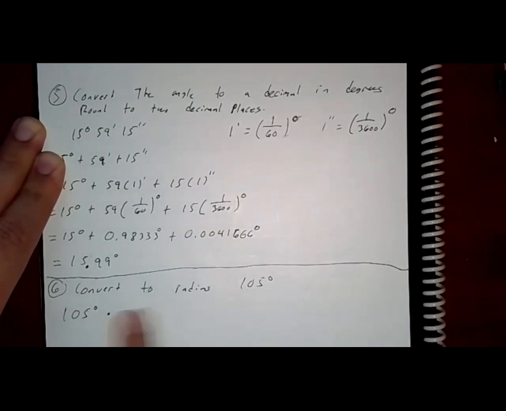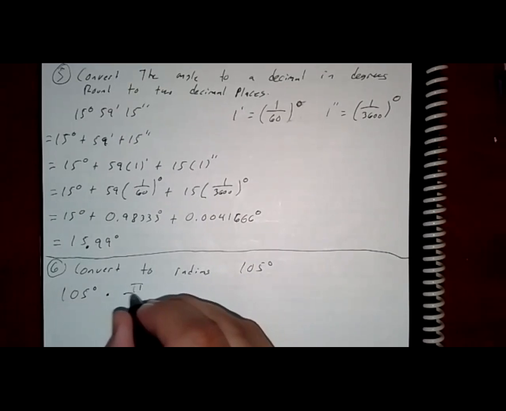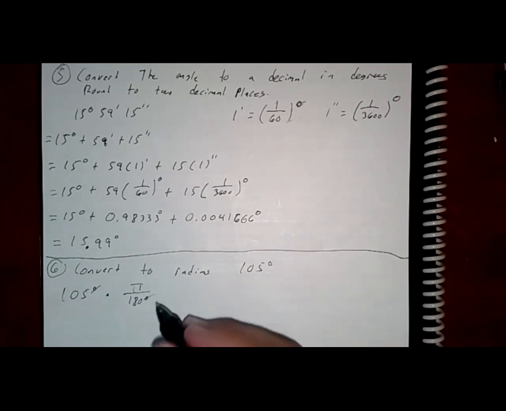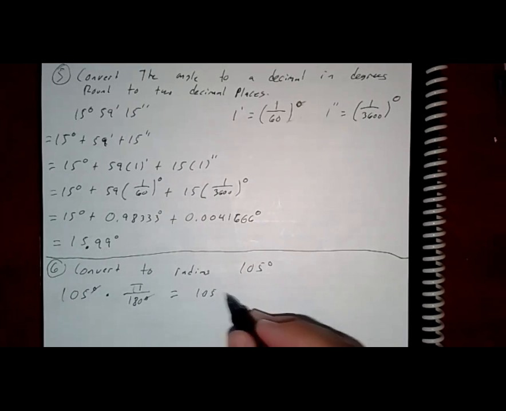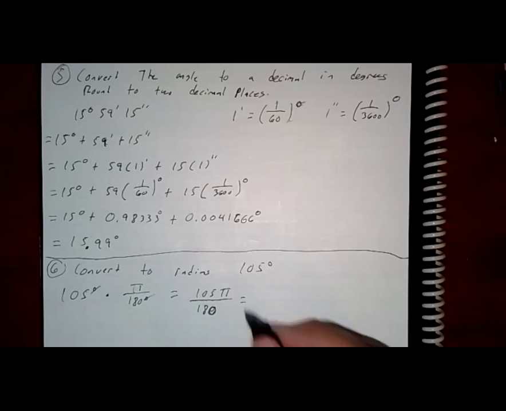Yeah, it looks ugly. 105 degrees times pi over 180 degrees. So essentially the degrees cancel, leaving you with 105 pi over 180. So at this point, you just have to reduce a fraction and you're good.